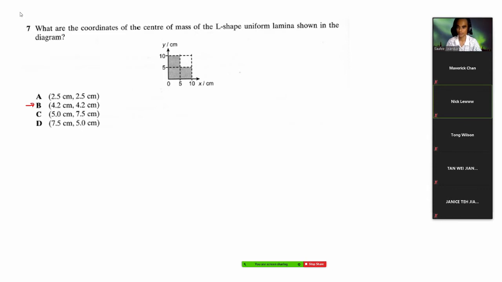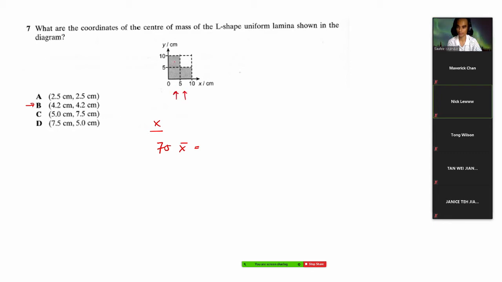Okay. So we know that we have to separate them into x and y. For x, we have 75. For y, we have 75. The x-axis, we are going to see in this direction.